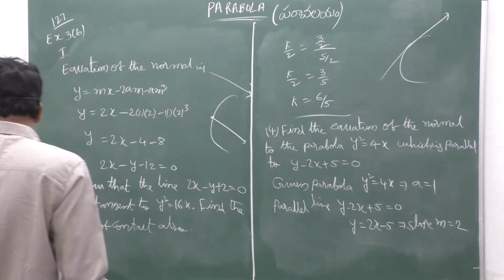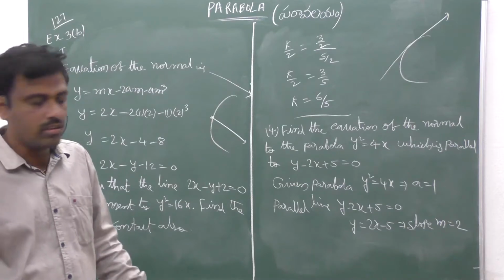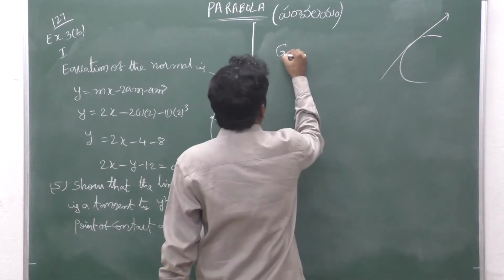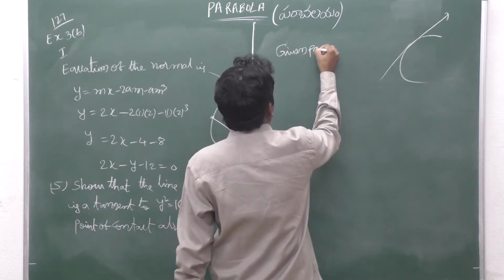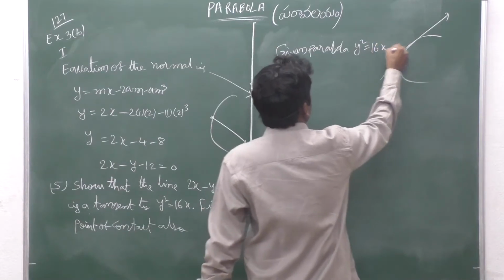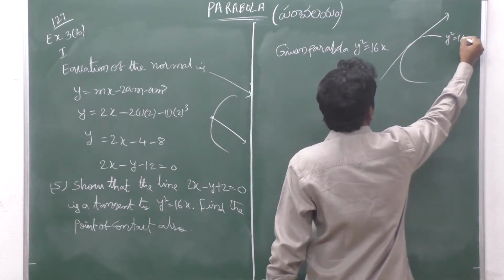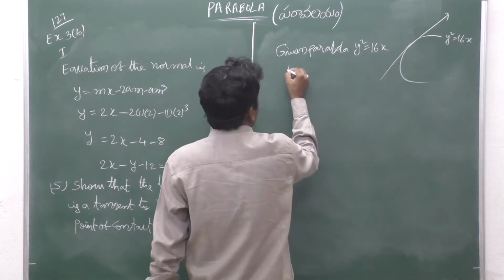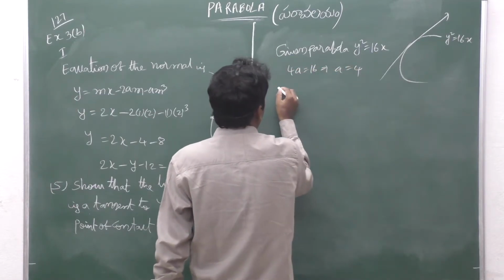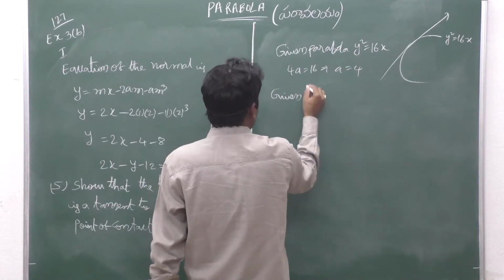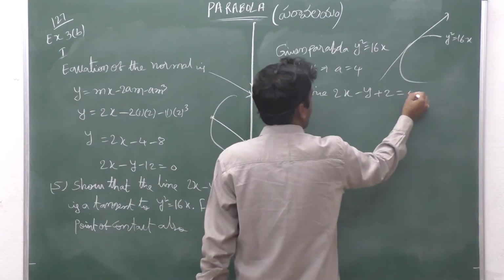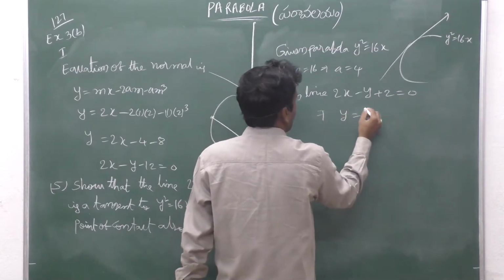Okay. Given parabola y square equal to 16x. That implies 4a equal to 16. Comparing with the standard form, we get a equal to 4. Given line 2x minus y plus 2 equal to 0, that implies y equal to 2x plus 2.